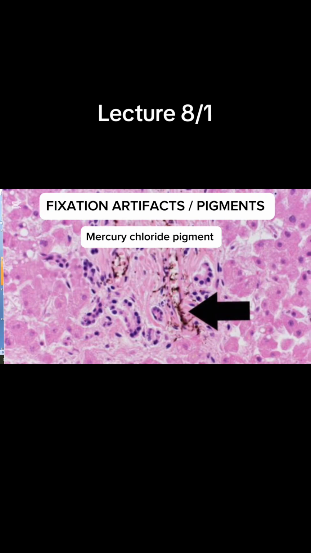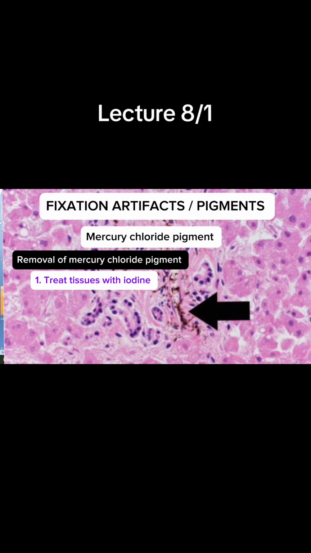In case these pigments have been formed, one, we can treat tissues with iodine. Iodine oxidizes mercury salts, turning them into a soluble compound. Number two, clearing with sodium thiosulfate.